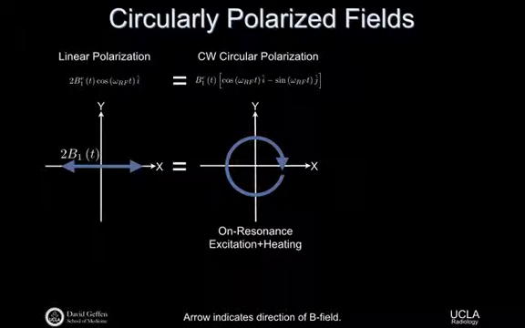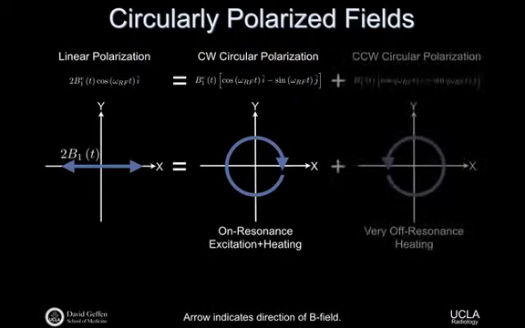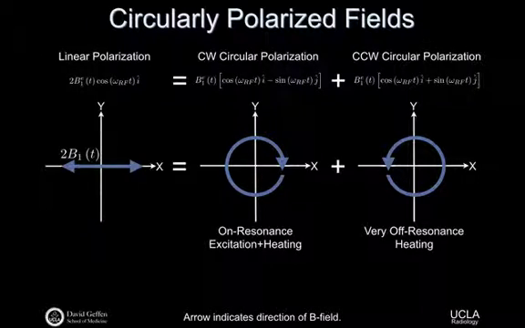It's on resonance if I design omega RF correctly, and it contributes to excitation, but it also contributes to heating. So maybe not ideal in that sense. Interestingly, I could have another, say, birdcage coil concentric with that one, and I could design a counterclockwise circularly polarized field. The only difference is just the sign in front of the sine term, so I've changed the phase, if you will, of the oscillating currents.